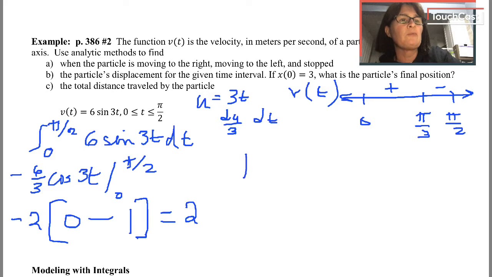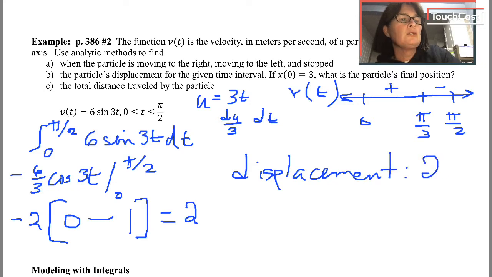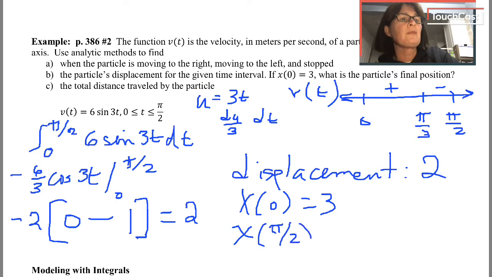So my answer to part B would be that the displacement is 2. So if x of 0, x being the position function, at time 0 was 3, then x at my ending time pi over 2 is going to be the initial position, the 3, plus the displacement, which is 5.